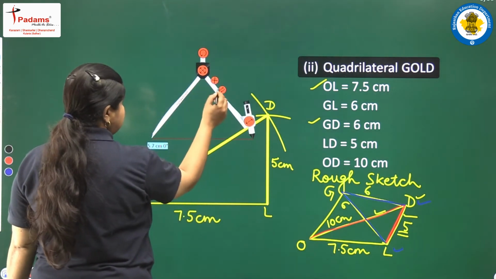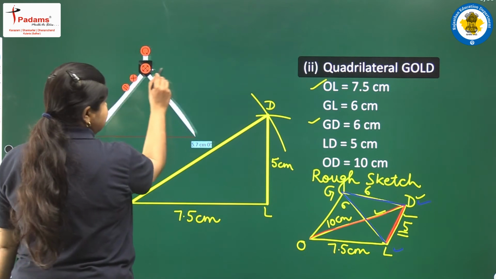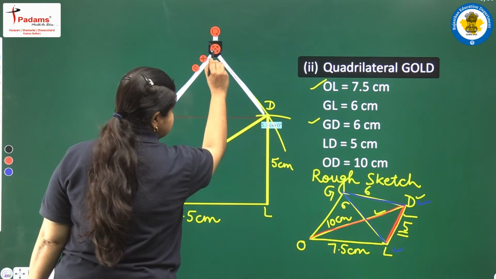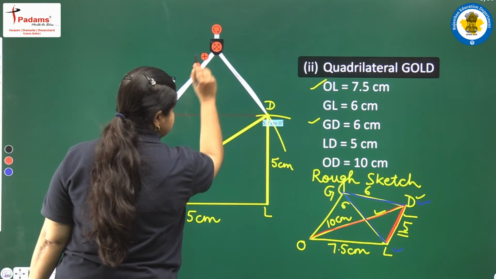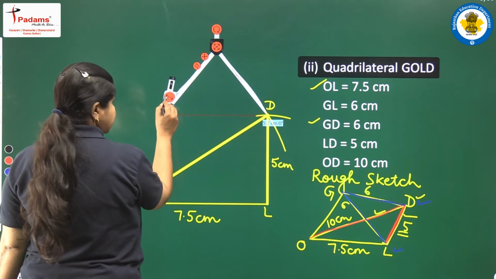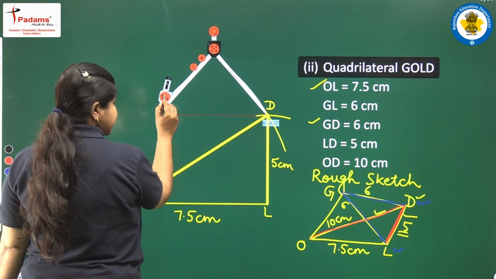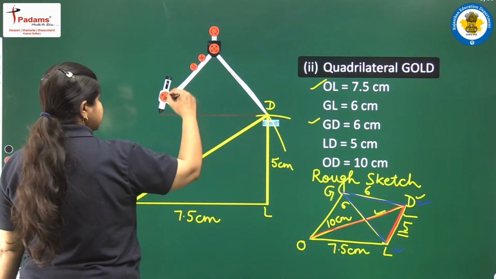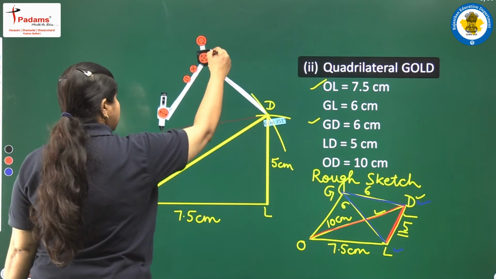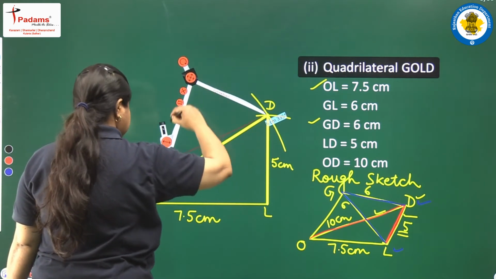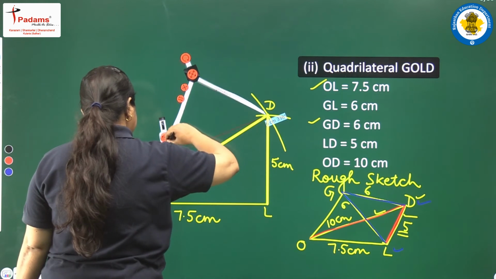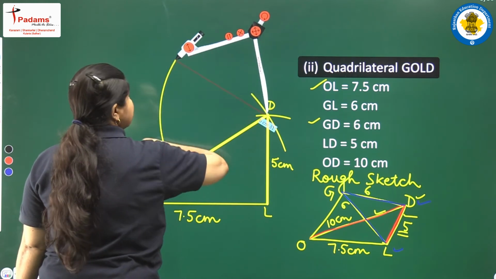First we will keep the pointed end at D and we need to mark its radius as 6 centimeter. So first we will draw an arc of 6 centimeter in this way.